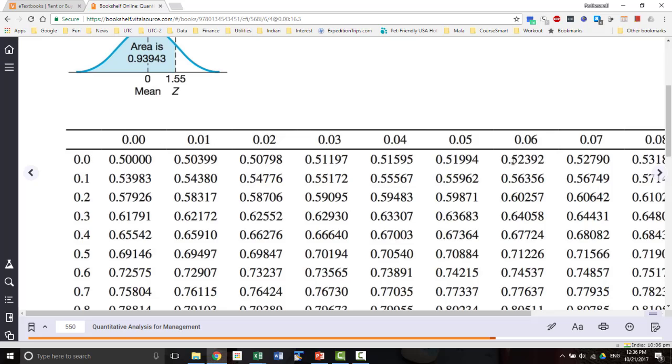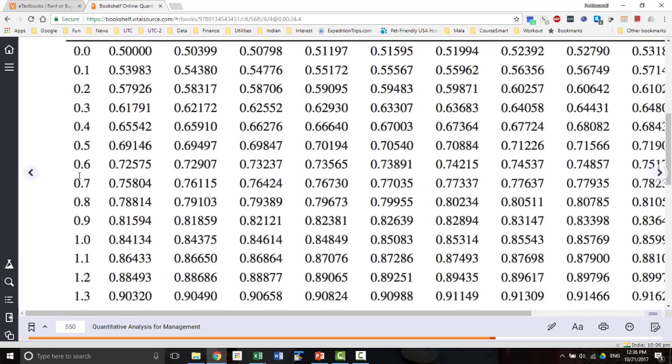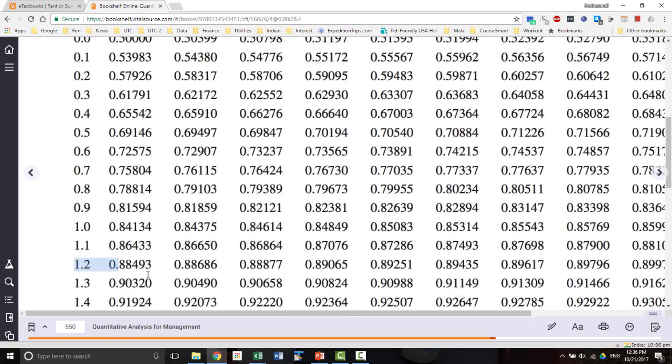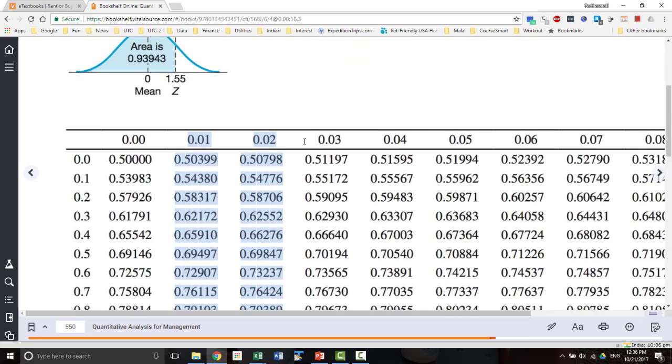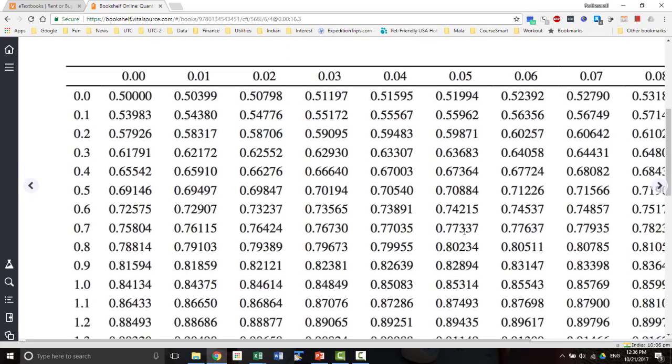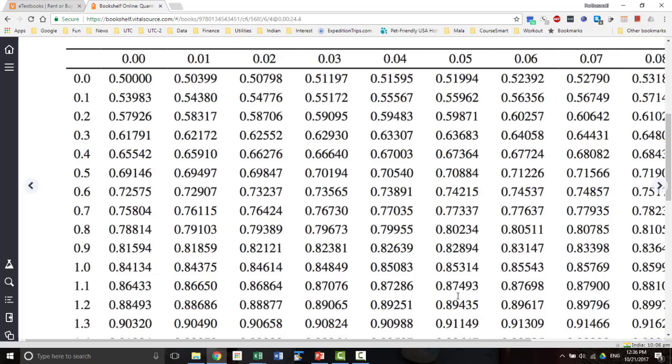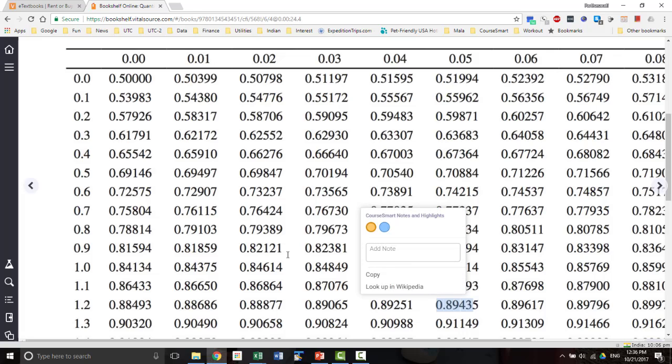The second decimal place is across the row at the top. So we want 1.25, so you go to 1.2 and then go to this column. So 1.25 is this. This is our cumulative probability starting from minus infinity all the way up to this particular Z value, 1.25.